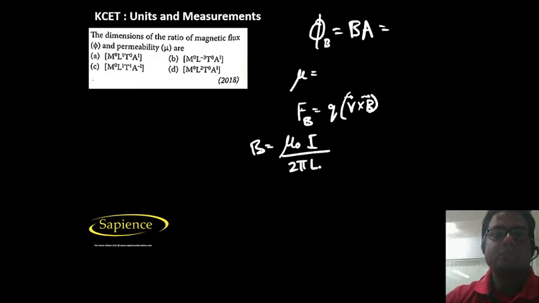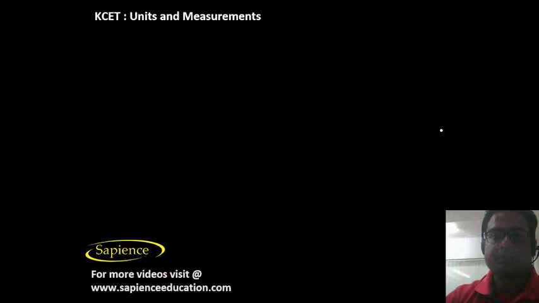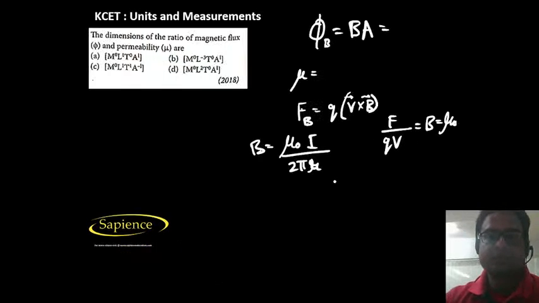So F by q v is equal to B, which is equal to mu naught I by 2 pi L. R is the length actually.